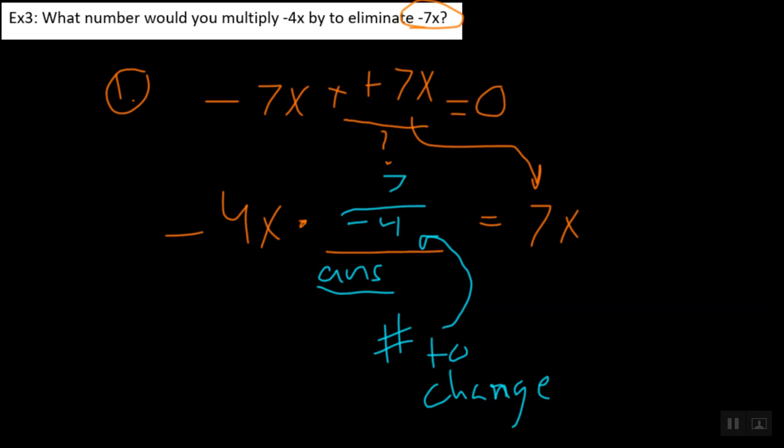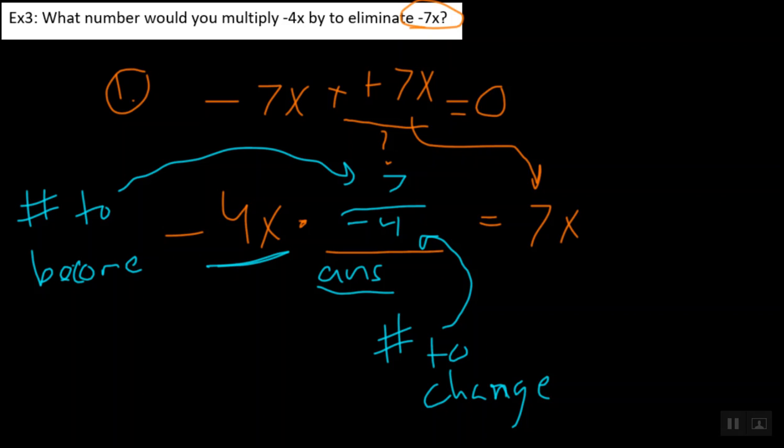And so we want to make this into a positive 7x. This is the number to become. Okay, so guys, if you multiply negative 4x by the fraction 7 over negative 4, you will actually get to 7x. Alright, go ahead, finish taking your notes, and let's move on to the next example.